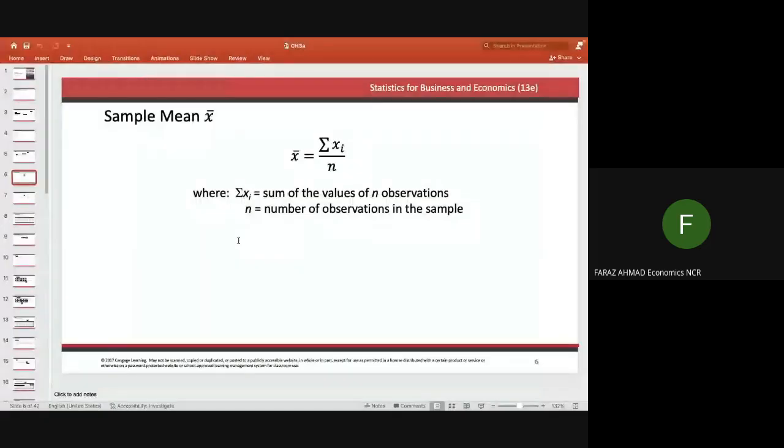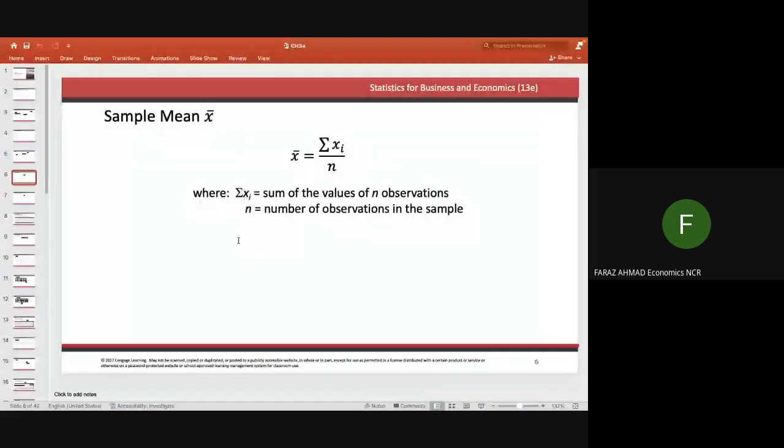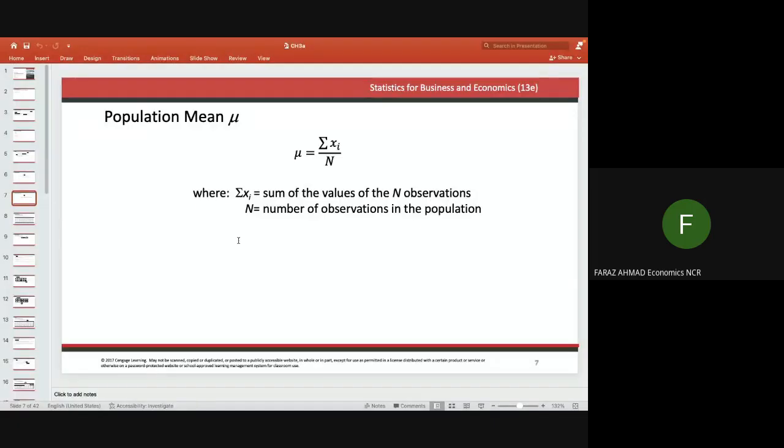We can calculate sample mean using this formula. We will add all the observations on the variable X in the sample, divided by the number of observations, and what we get is the sample mean of X, we call it X bar. Similarly, we can calculate the population mean if we have access to all the values that a variable X can take for the entire population.